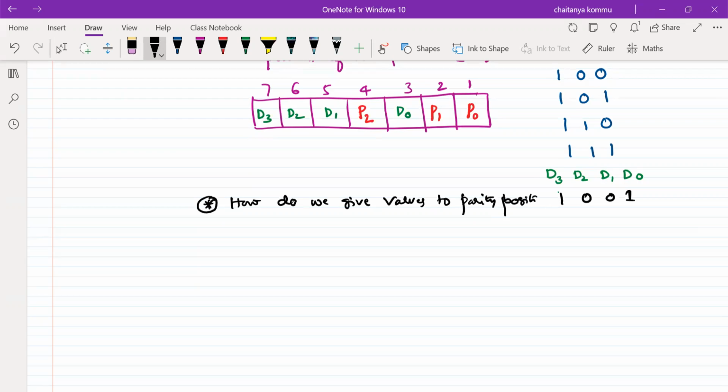Don't confuse that these values belong to this one, so keep it like this. In order to do this, we have to follow this way.